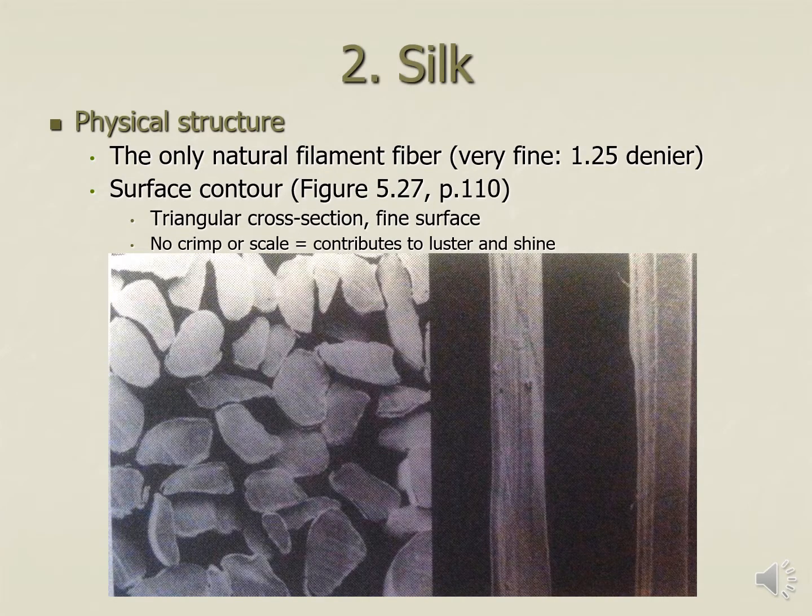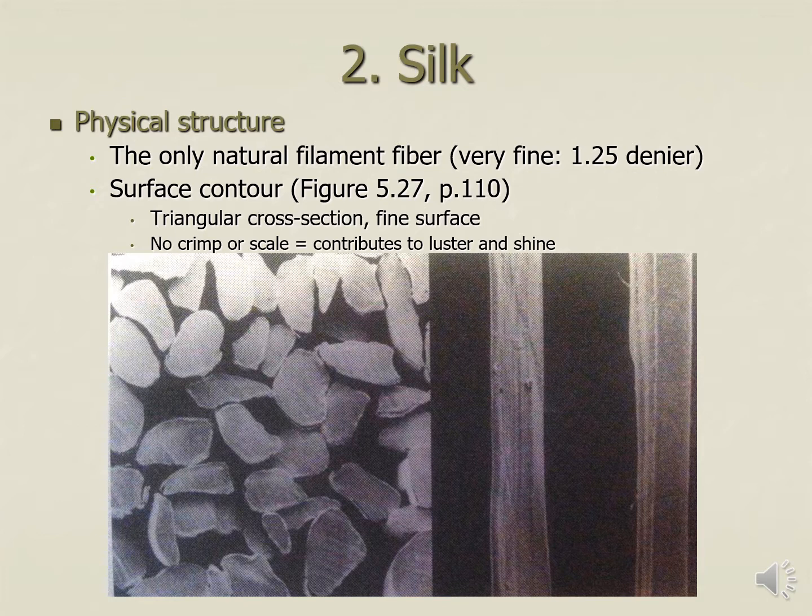Here we are taking a look at the physical structure of silk. As mentioned before, silk is the only natural filament fiber, and so it has interesting characteristics. The surface contour that you're looking at here is also found on page 110, figure 5.27.